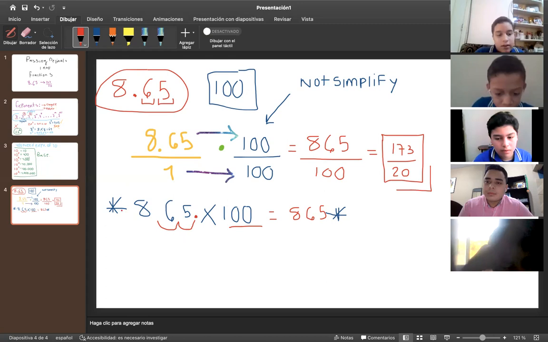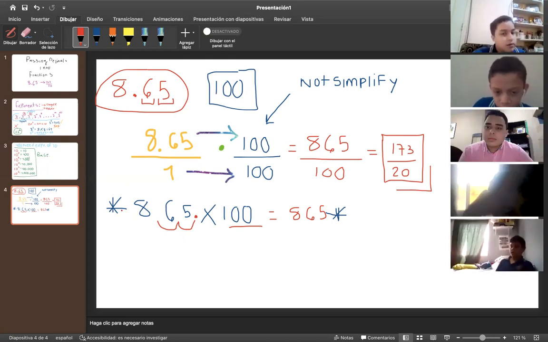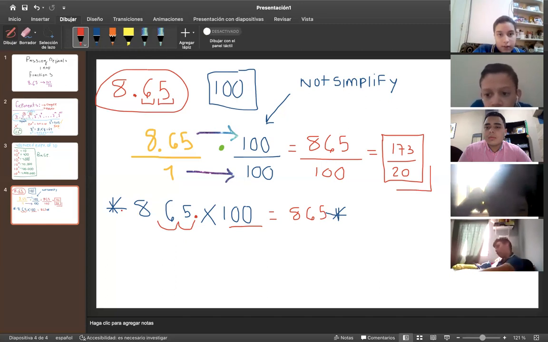When we need to pass a decimal number to a fraction, we need to do 8.65 over 1, and then multiply by, if the number has 3 decimals, 1000. Yes. Oh, okay, I understand.